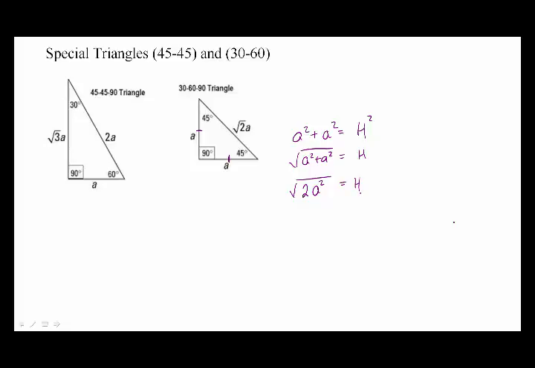What am I allowed to bring out? Well, I've got square root 2 and I've got square root a squared, which means I have root 2a as my hypotenuse. That comes just simply from Pythagoras. So is that root 2 times a? Yes. It's the square root of 2 times a.